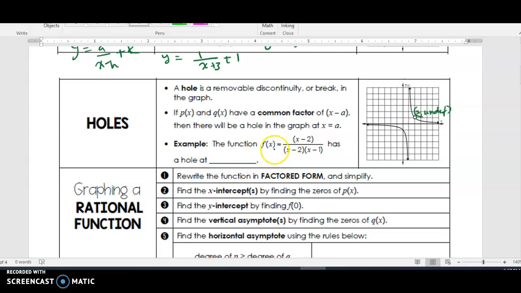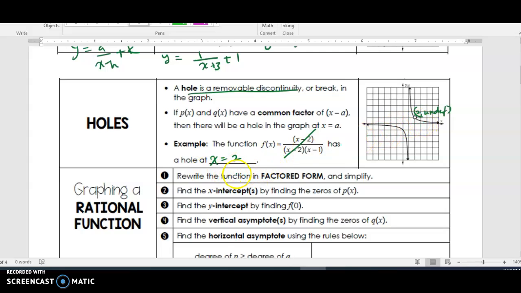If you write the function in factored form, and the numerator and denominator have the same linear factor, which could be cancelled or removed, then that becomes the hole, or the removable discontinuity as it is called, a break in the graph. So at x equal to 2, there is a hole or a break in the graph.